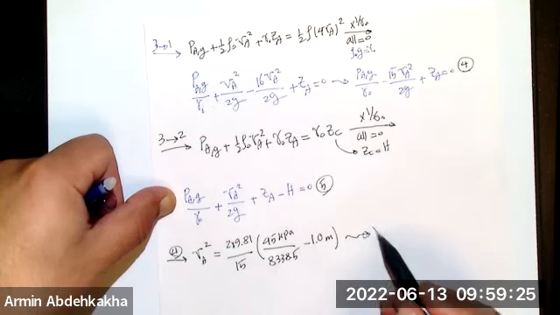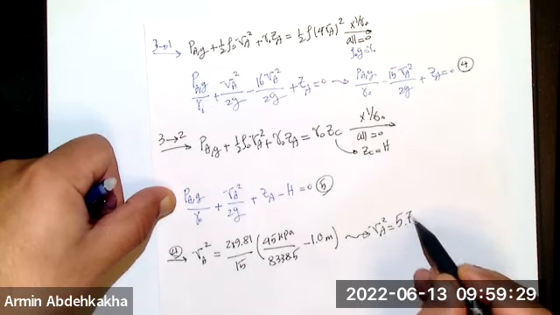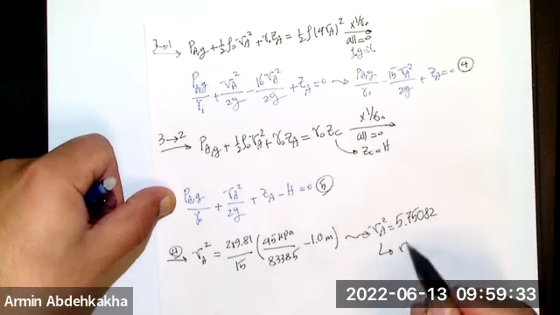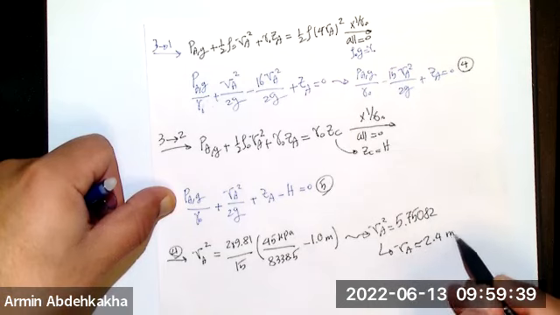Then VA squared is 5.75 over 2, and then VA is almost equal to 2.4 meters per second.